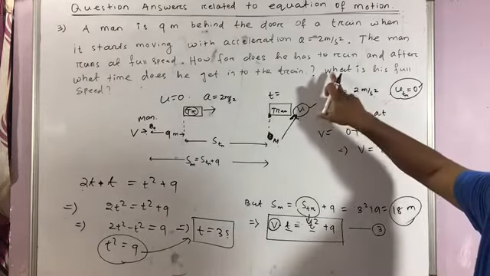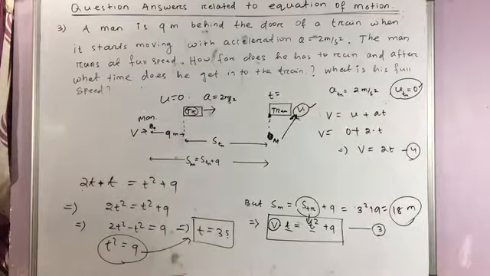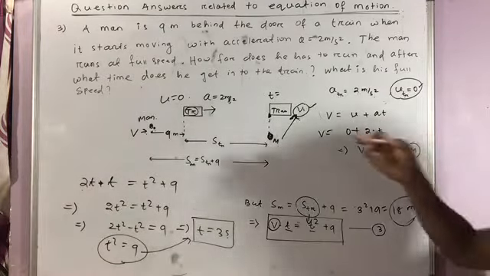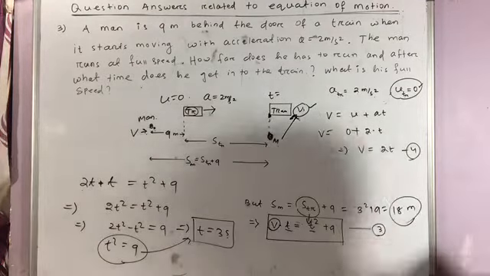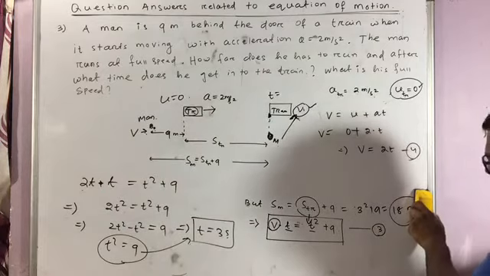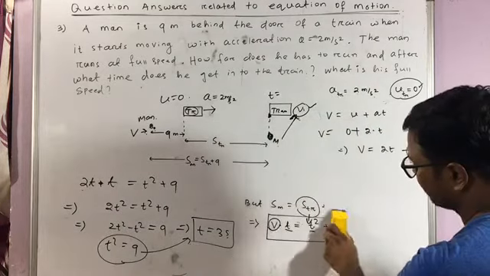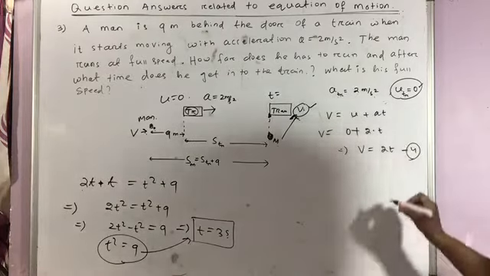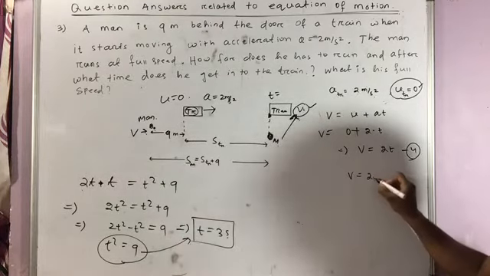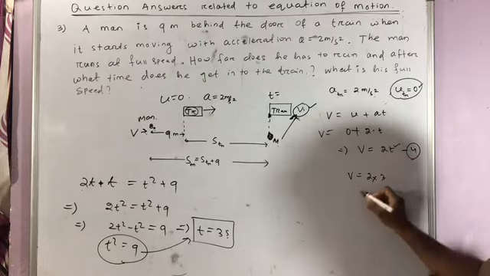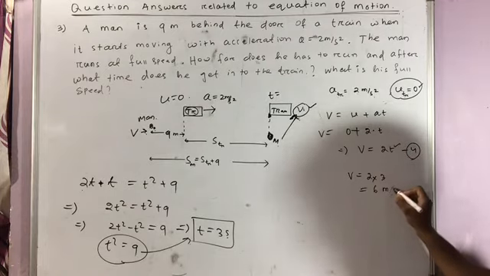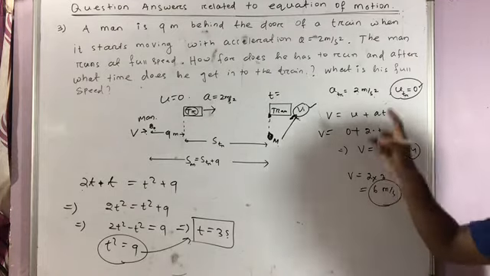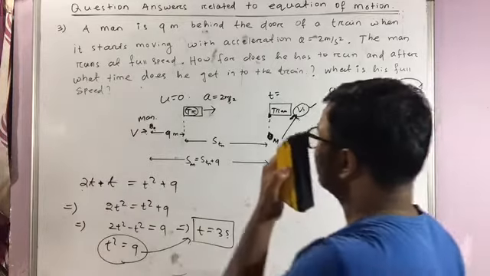And the last answer is, what is his full speed? Whose full speed? The man's full speed, which is also the train's speed at that moment. That we can calculate. The full speed of the man, v, is equal to 2t. So v is equal to 2 times t, which is 3, so 6 meters per second. So your answers are like this.